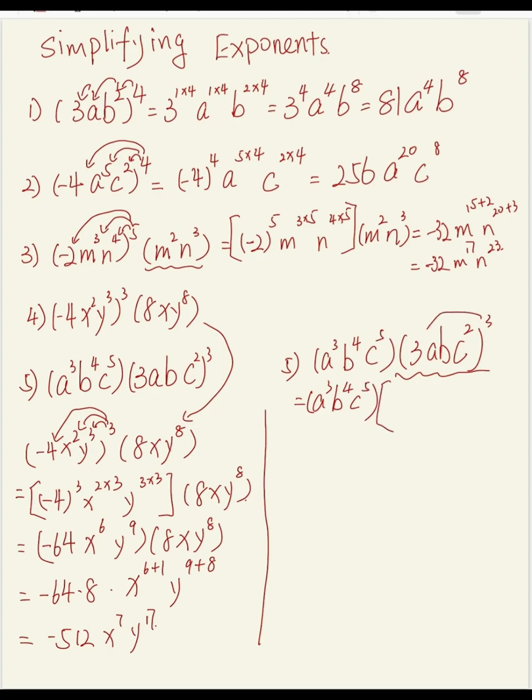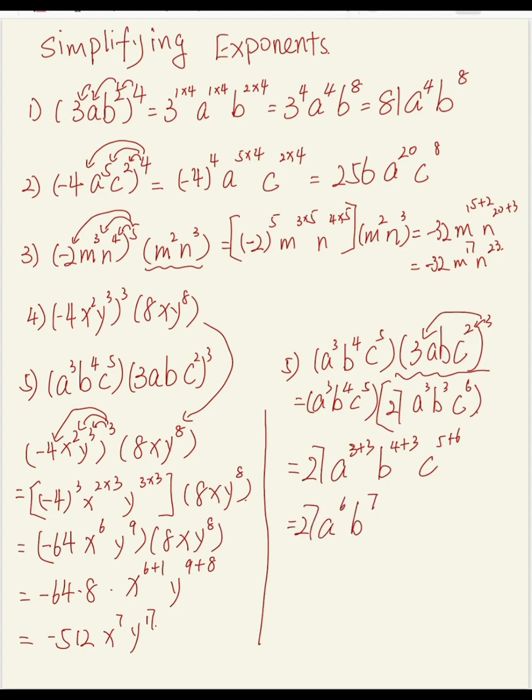For 3 to the 3rd, we can get 27, and a to the 3rd, b to the 3rd, and for c it is 2 times 3, so c is to the 6. And then we get 27, a to the 3 plus 3, b to the 4 plus 3, c to the 5 plus 6, and it equals 27 a to the 6th, b to the 7th, c to the 11th.